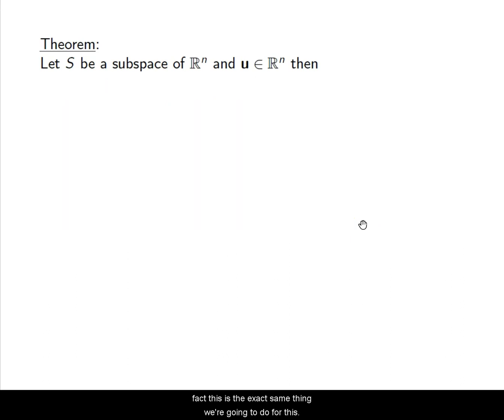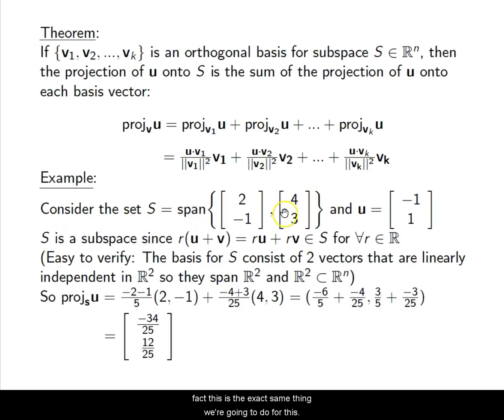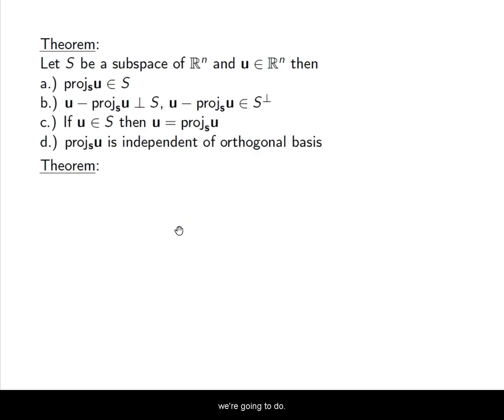This is the exact same thing we're going to do for these vectors. This is not an orthogonal basis for this subspace, so using these vectors in the Gram-Schmidt process, I'm able to build an orthogonal basis for this subspace. That's what we're going to do.